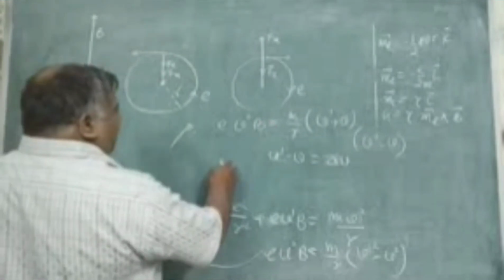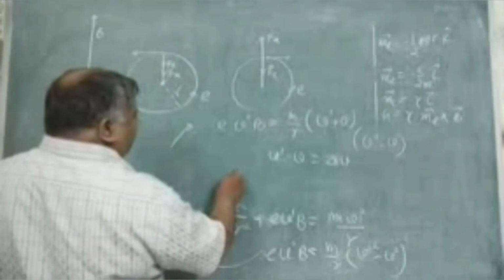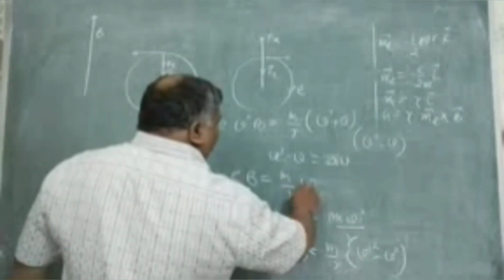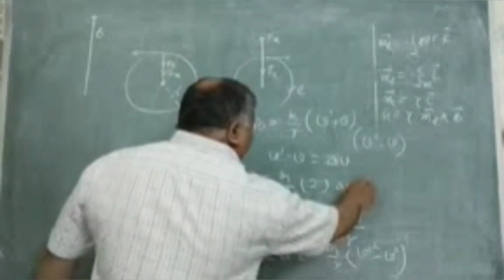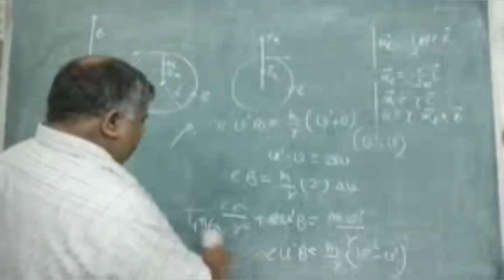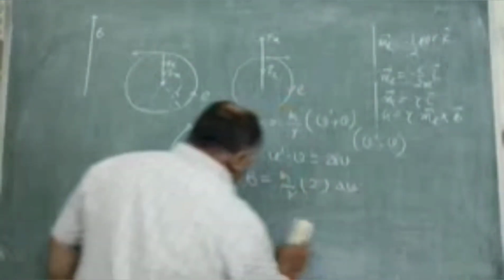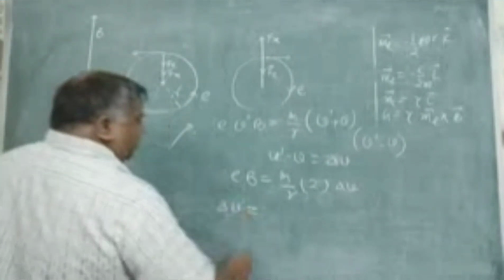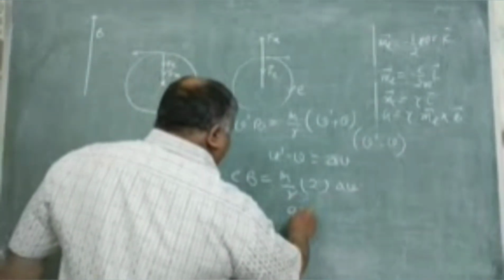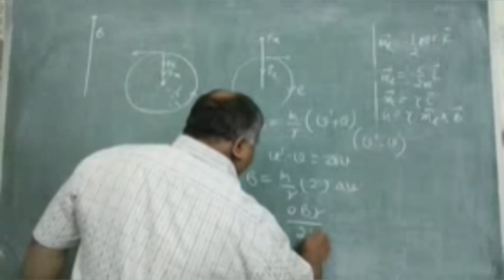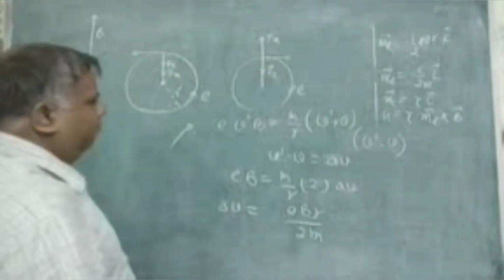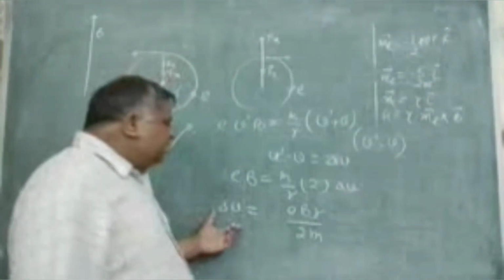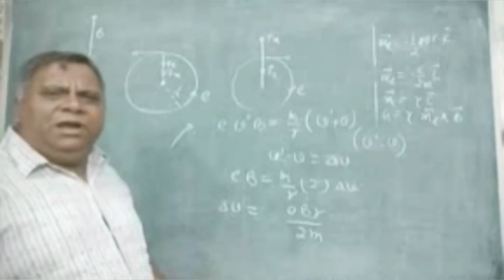So finally we have evB equal to m over r, 2 V delta V. Or delta V equal to eBr over 2m. This is the change in velocity of moving electron.